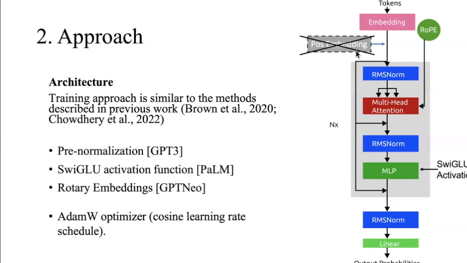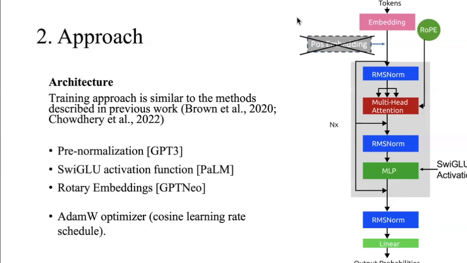In the LLaMA architecture, they borrow ideas from multiple implementations. For example, they leverage the pre-normalization from GPT-3. They use the SwiGLU activation function from the Pathways Language Model from Google. And also they use the rotary embeddings idea.